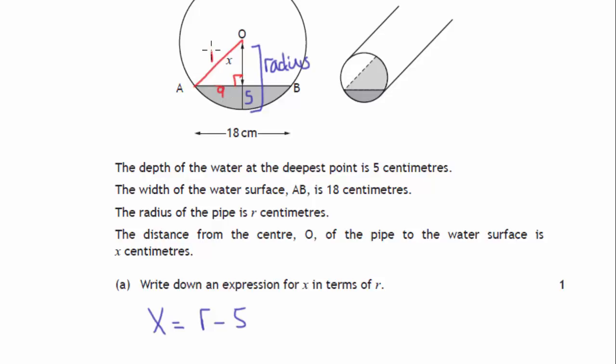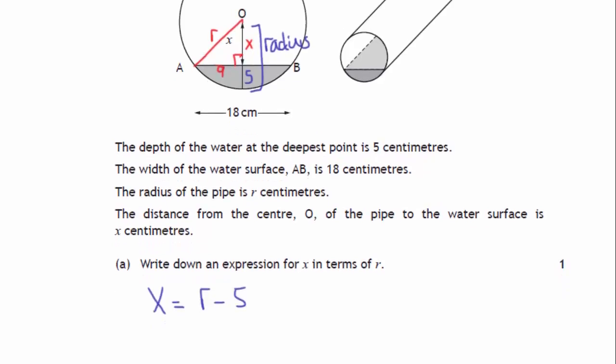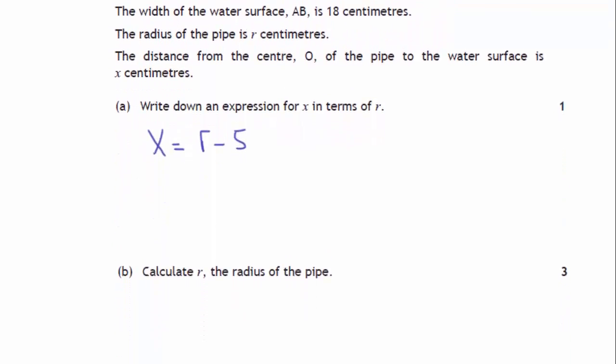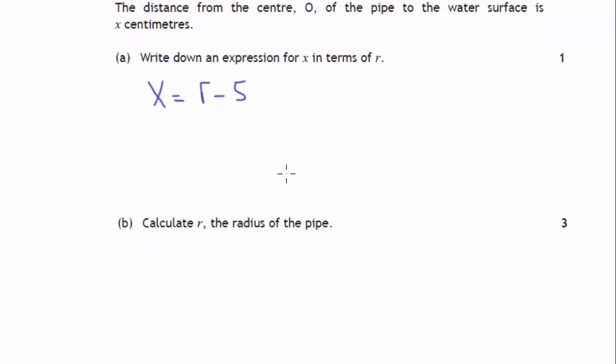We know that this is a radius, okay? And we know this side is x, it's already labelled there, but I'll just label it here. So we know that side's x, we know that side's 9, and we want to work out the radius. Again, this is c squared equals a squared plus b squared.